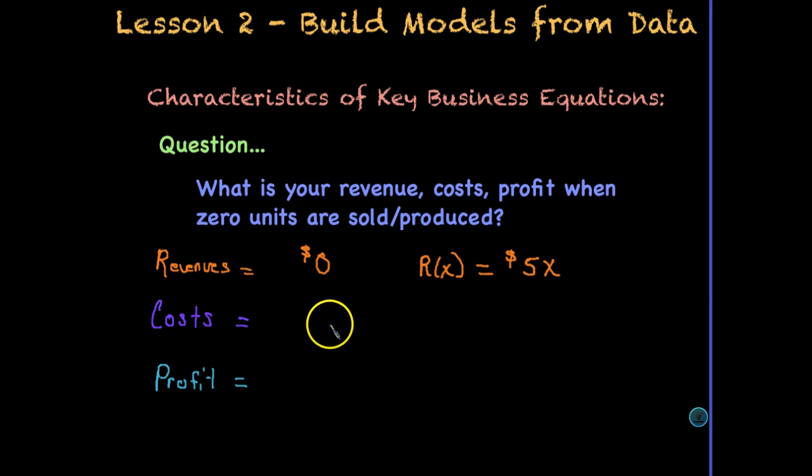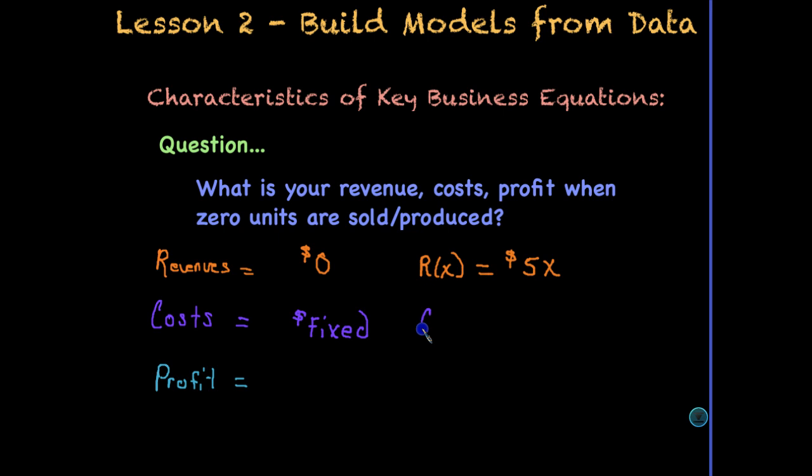That was one of our variable costs. Whereas our fixed costs incur whether we sell or produce any products. So we would have some costs. We would have fixed costs. So whatever those are, whatever that dollar amount, we would have those costs.